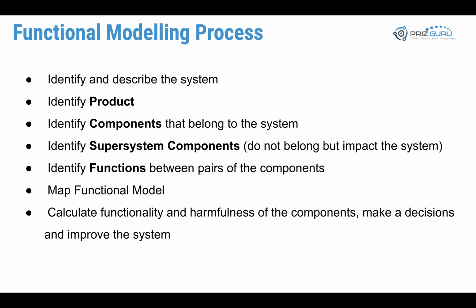Now, what's the process of functional modeling overall? First of all, we need to identify and describe the system. What that means is, before we start modeling and charting something, we need to understand what it is we chart, what it is we're trying to analyze. It's especially important in larger and more complex systems where you have many different steps.